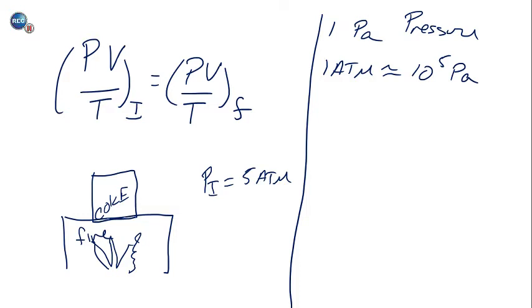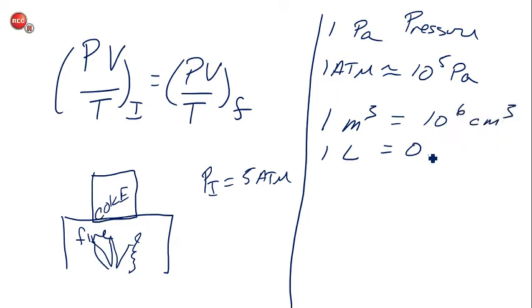Pascal. Right. So you'll have units like for the volume, 1 meter cubed, and then 1 liter is 1,000 centimeters cubed. 1 meter cubed is 10 to the 6 centimeters cubed.